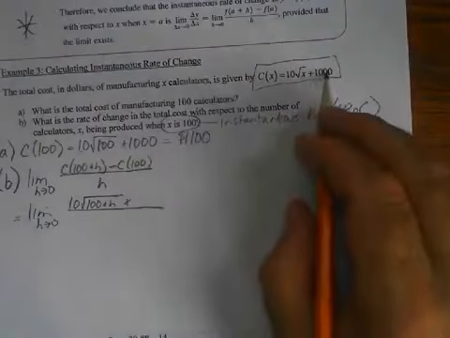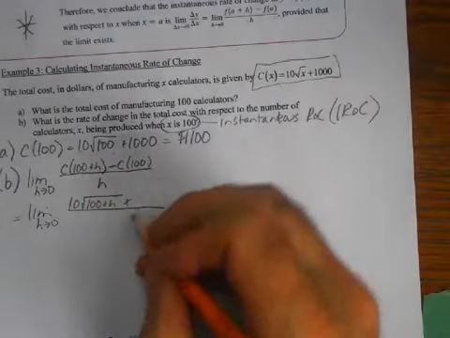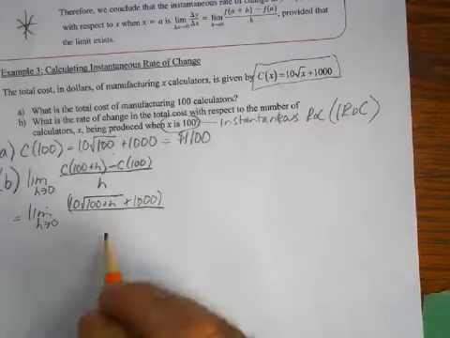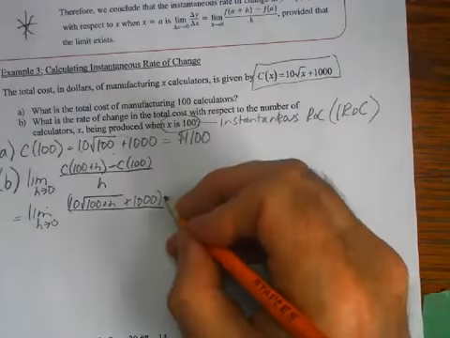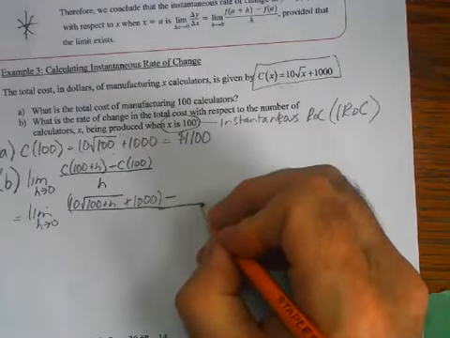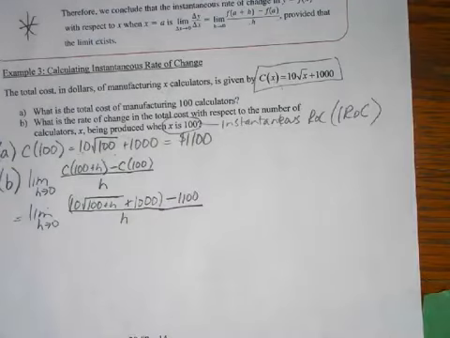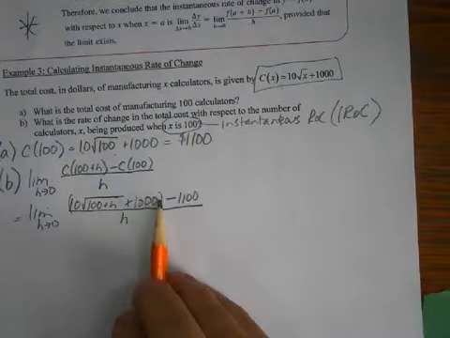So that's still part of the C of 100 plus H. So that whole thing there, that's C of 100 plus H. And then we subtract C of 100, which we already calculated above. That's going to be 1,100. And this is all over H. So you can see we don't really need the brackets. I just put them there to show you this comes from C of 100 plus H.